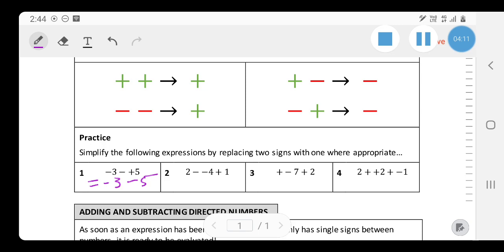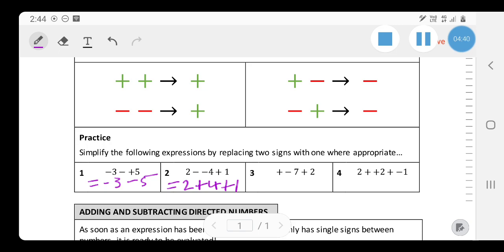Okay? And we're not being asked to find the answer, we're just being asked to do that single step, just for practice. All right, 2 minus 4 plus 1. Well, 2 minuses should be replaced by a plus sign. So this becomes 2 plus 4 plus 1. Pretty straightforward, even if it might not make a whole lot of sense to you at the moment.